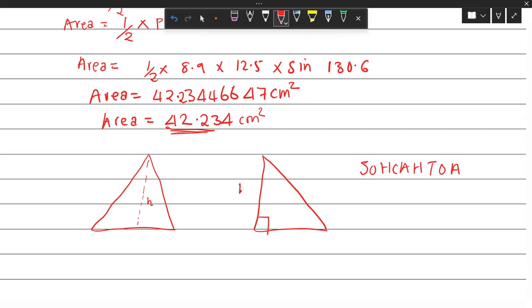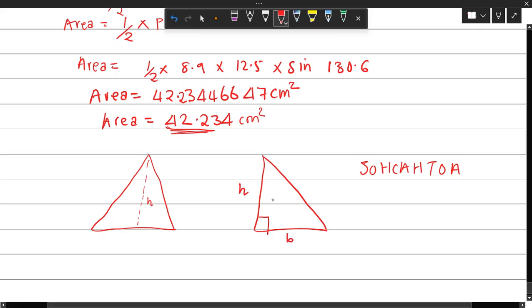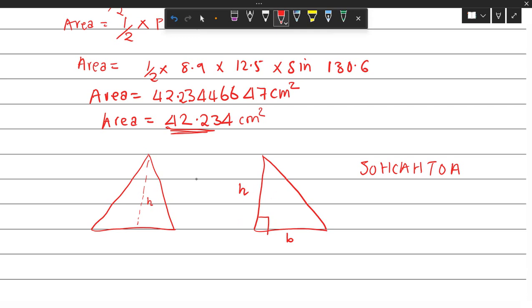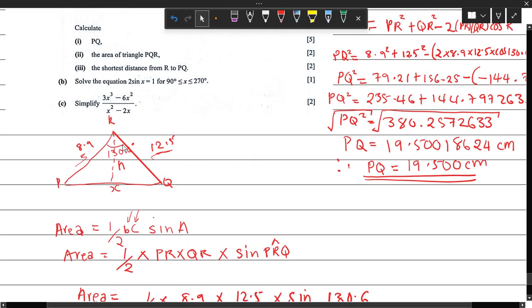If you remember, this side is height and this side is base. So this is the triangle we want to get. We'll cut a slice of this triangle here, because this distance is the same as the height here. If you now draw this triangle, you can get either side. You can either pick this side or this side.